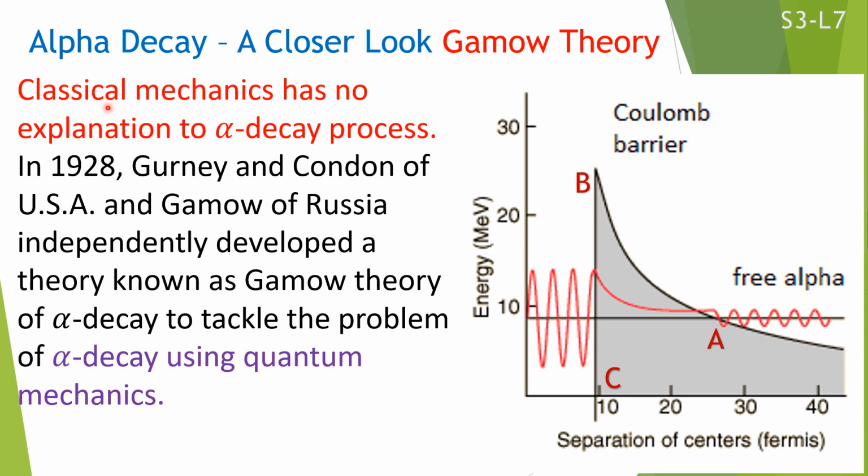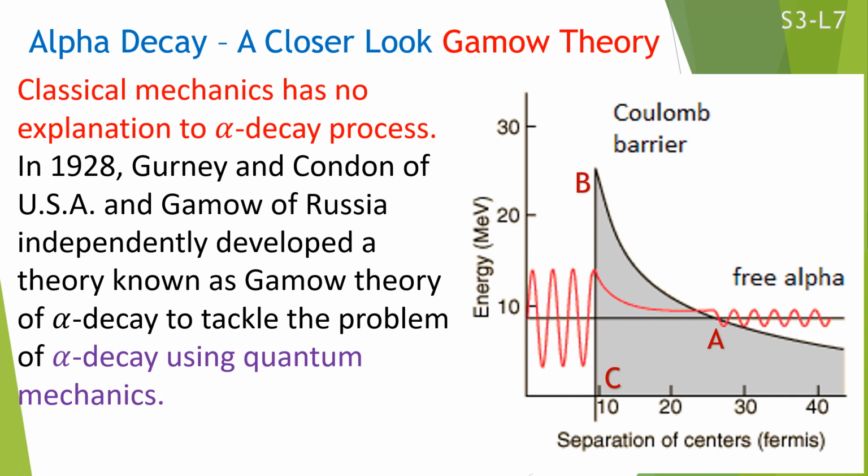The sharp fall from B to C, a step kind of potential, is essentially in the region within the nucleus, and implies the attraction of the alpha particle by the nucleons present in the nucleus.